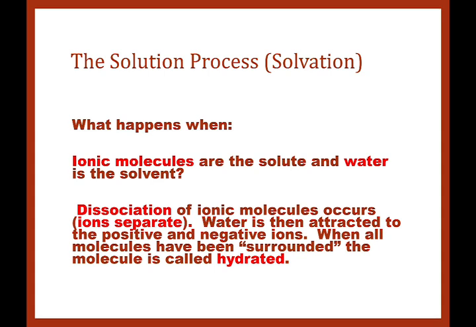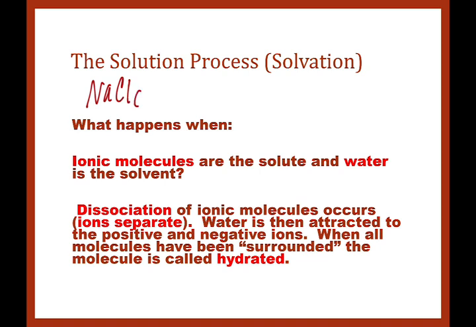So when we have the solution process, it depends on what we're dissolving. If I have an ionic molecule and the water is the solvent, then what happens is those ionic molecules dissociate and they become surrounded by water. So let's go back to that sodium chloride, right?